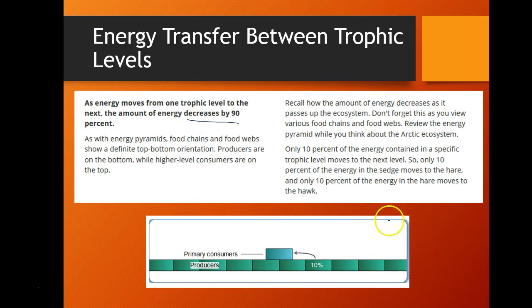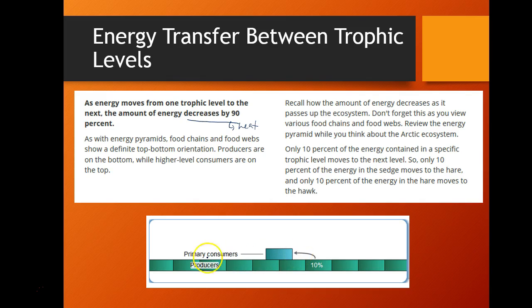The reason why is because 90% is actually lost as heat, and that's because the organism itself uses up that energy. So once the organism uses up that 90%, only 10% is given to the consumers that are eating the organism.